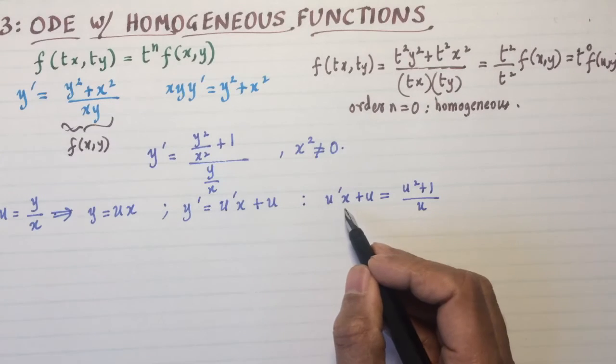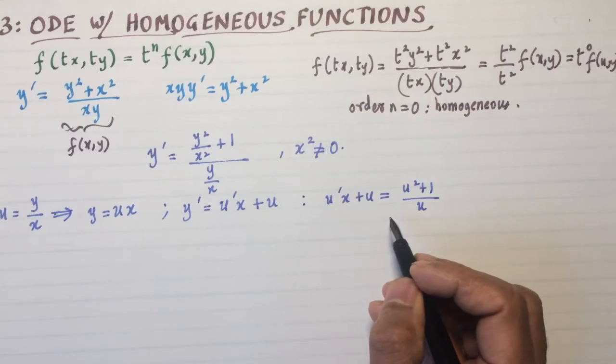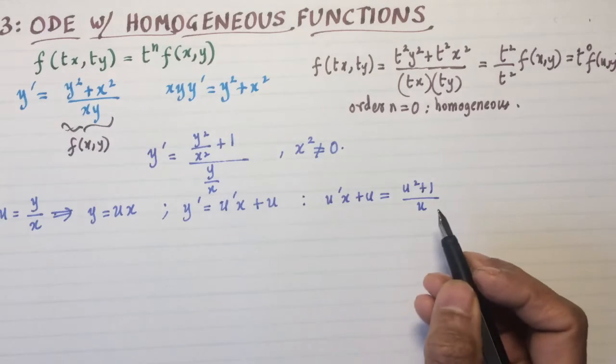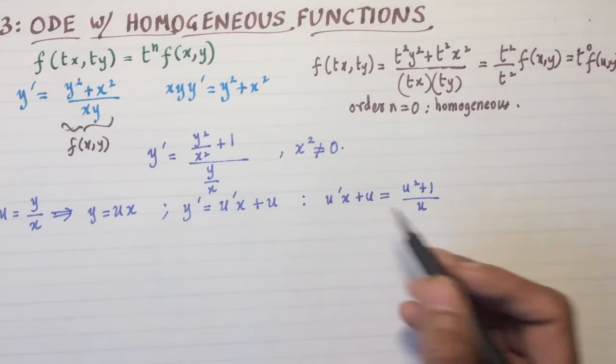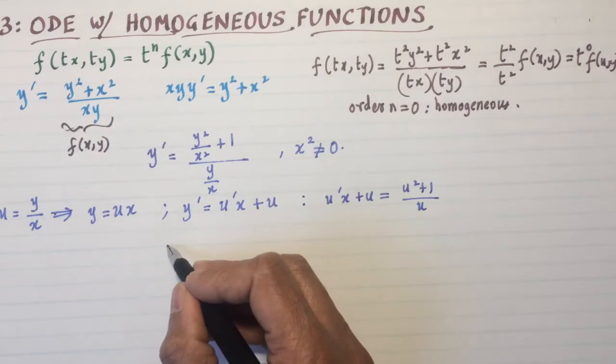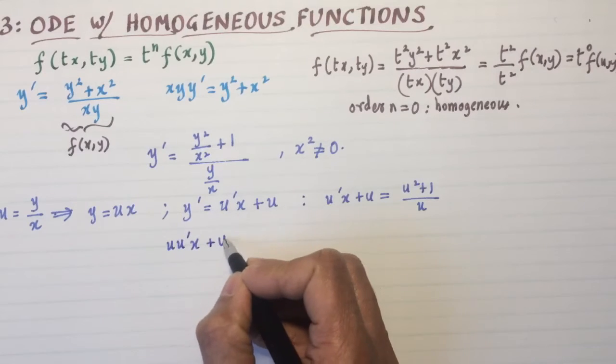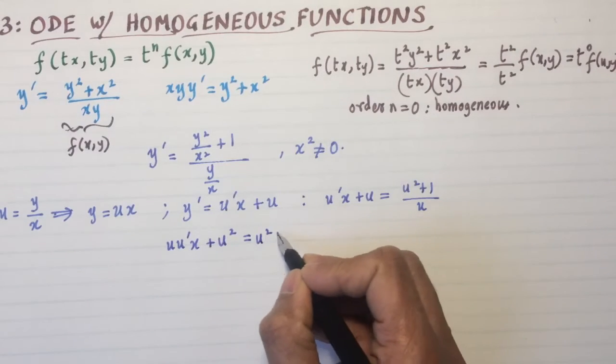So u prime, it might make sense to move all the terms involving u to one side first. So what I'll do is I'll multiply both sides by u. So I get u prime x plus u squared equals u squared plus 1.